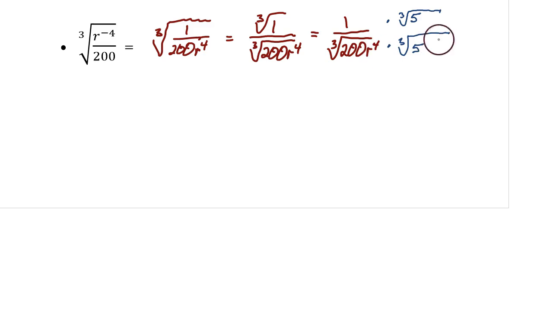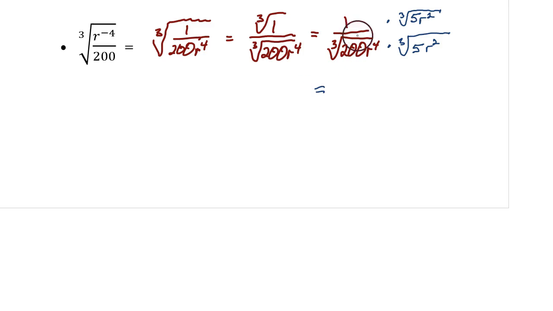Well, if I want to make this have r to the 6th, I need to have an r squared in my radical, because r to the 4th times an r squared would be r to the 6th, and in the top. So what I'm showing here is a process called rationalizing the denominator, deciding what to times by so that the denominator will turn out to be a nice result, not a radical symbol.